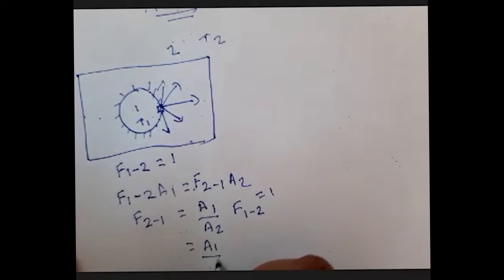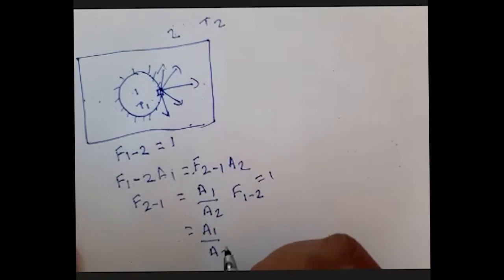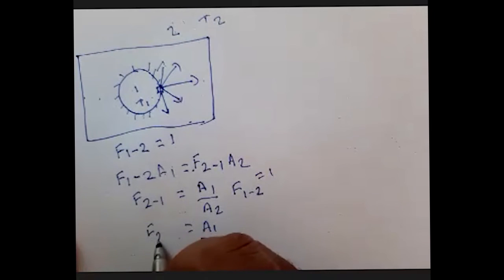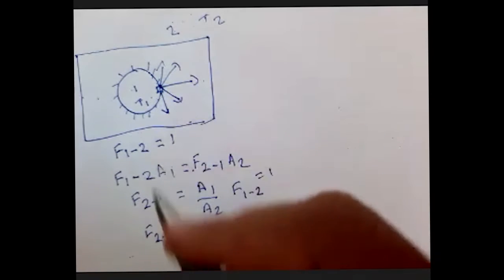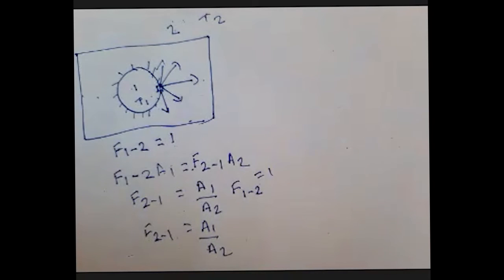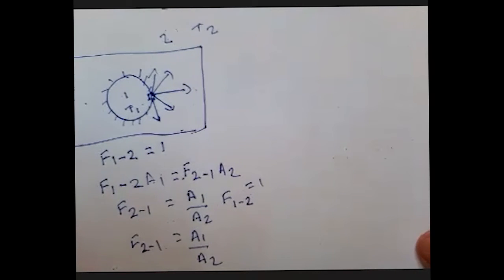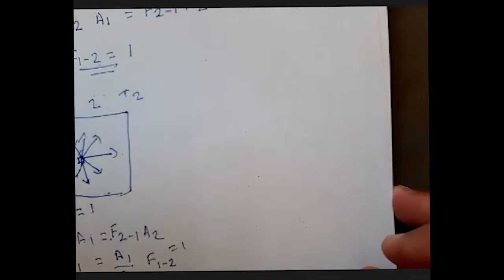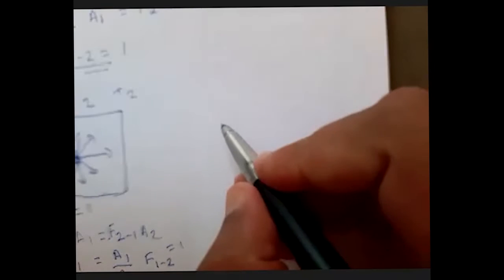So only by knowing the area of the surfaces I can find out the shape factor in this case. But this is not true for all the hemispherical shapes.